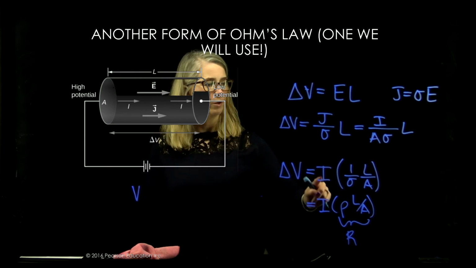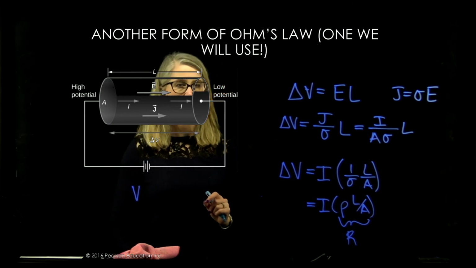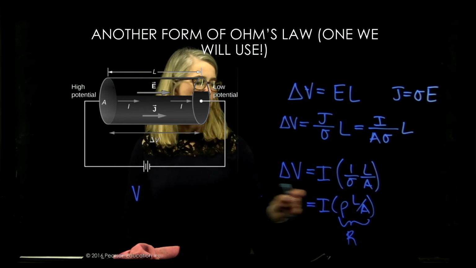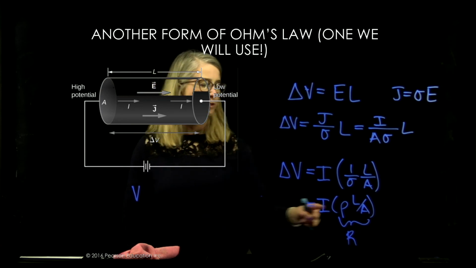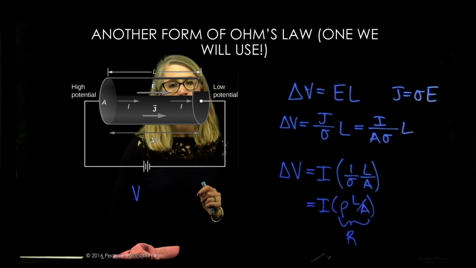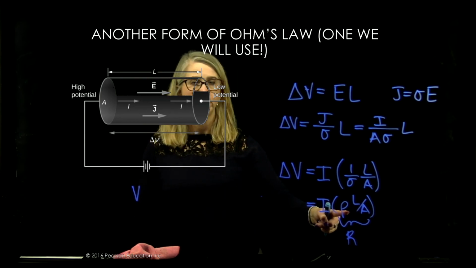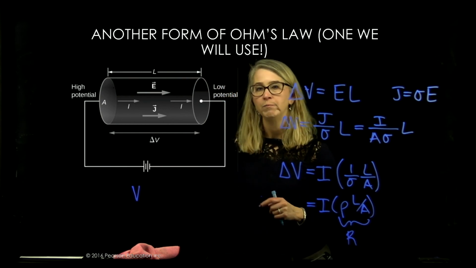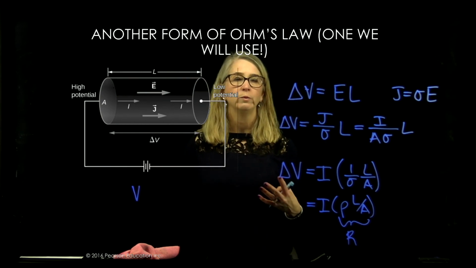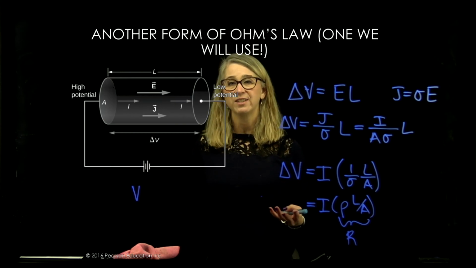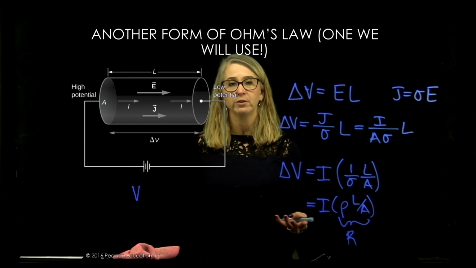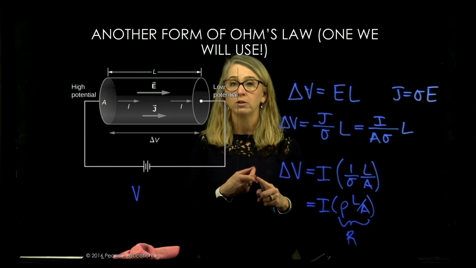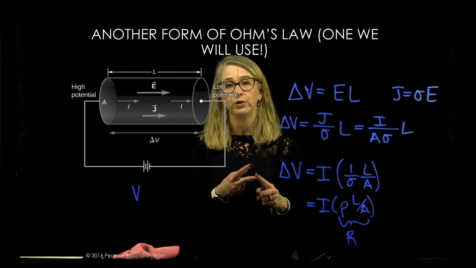I put the current by itself and everything else off to the side. I also said that one over the conductivity was the resistivity. Now, if we put these three terms together, the resistivity of the wire material, whatever it was made of, and the length of the wire and the area all play a role in what we would say is the overall resistance to the flow of electricity of the piece of wire. So it depends on the resistivity of the material, how long the wire is, and its cross-sectional area.